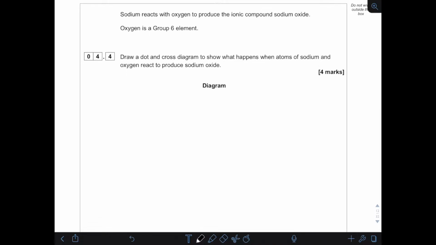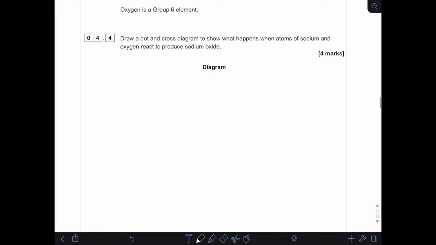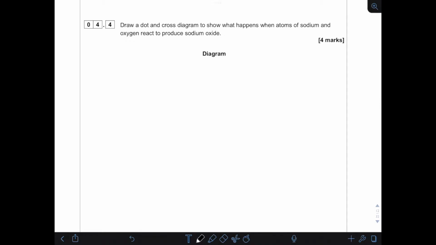Sodium reacts with oxygen to produce ionic compound sodium oxide. Dot and cross diagram, right? So you need to start, remember this is a reaction diagram, which means that you need to draw an arrow somewhat. So you need to, I guess, go across.